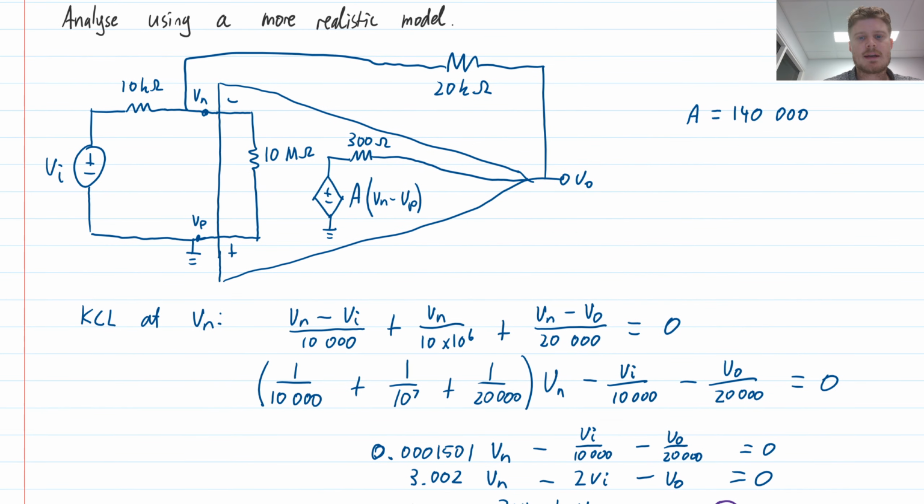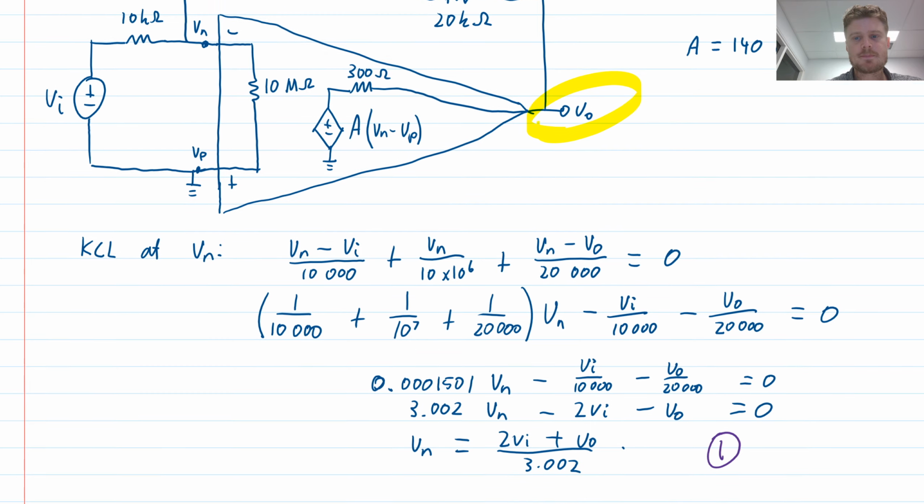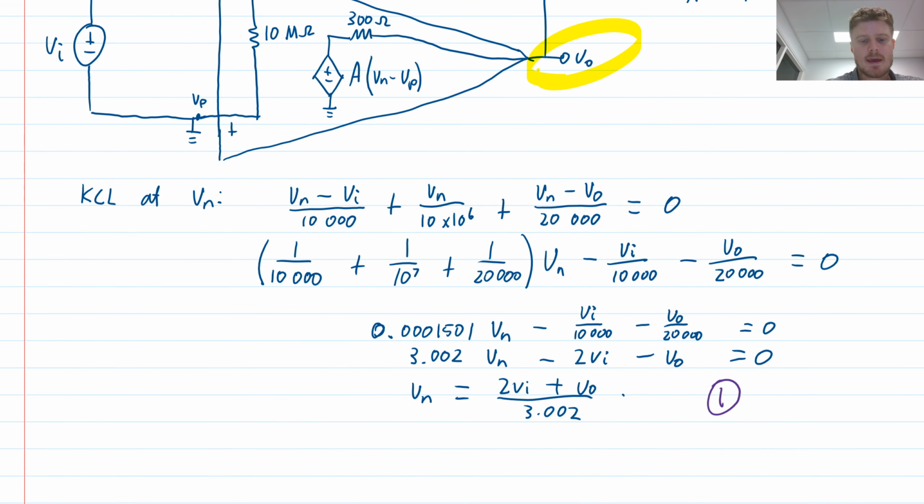All right, looking back at our circuit, I can also analyze the output node V0, and so I can write KCL, Kirchhoff's current law, at the output.